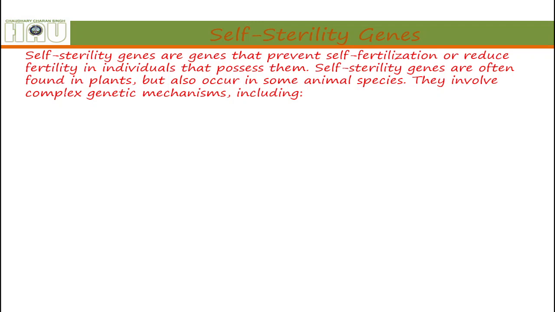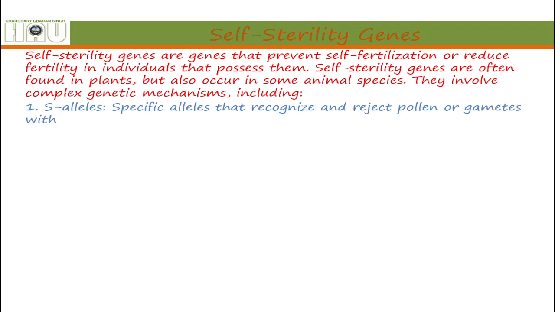They involve a complex genetic mechanism which includes, number one, S alleles. These are the specific alleles. They can recognize and reject pollens or gametes with the same allele. That's why they cannot fertilize with the same allele.